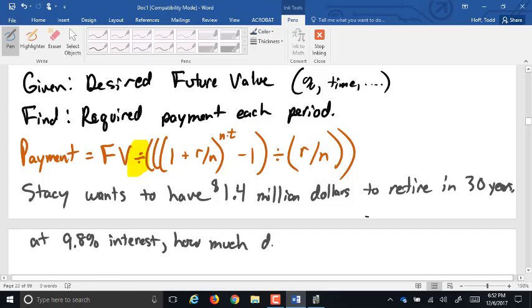How much does Stacy need to invest each year?